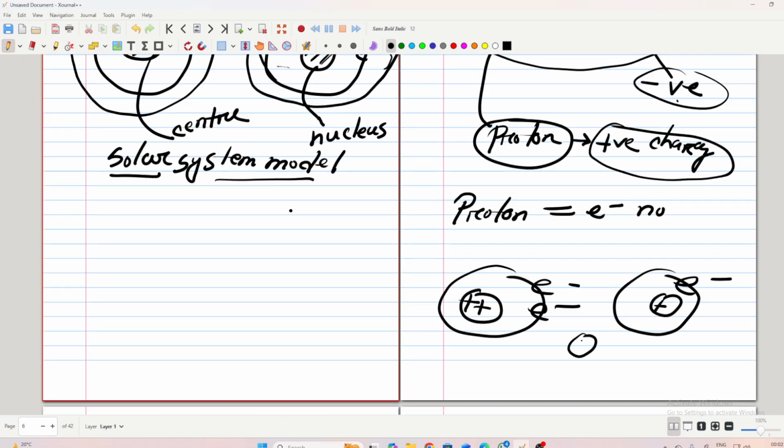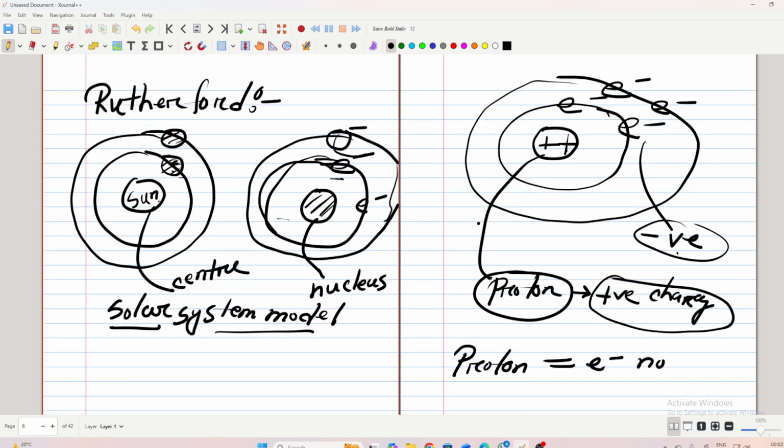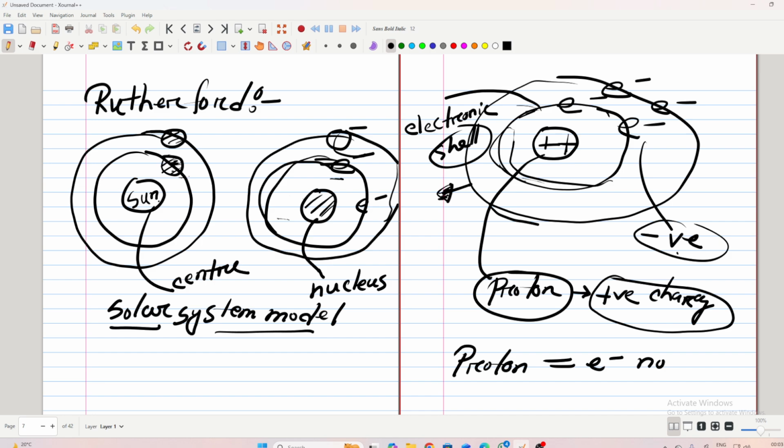Here is one thing: what is this place called, where electrons are rotating? This is called the electronic shell. Each electronic shell has some energy.